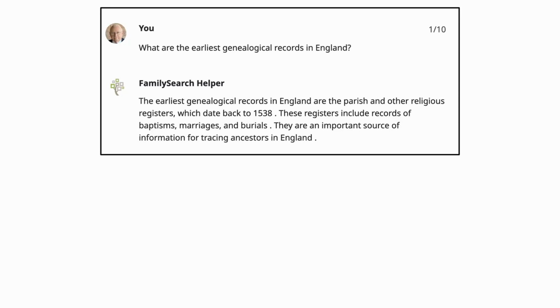For instance, if I wanted to know what the earliest genealogical records in England were, I would do a Google search. That may or may not tell me. If I tried to find that another way, I could look and see what are the earliest records that I can find for England on the FamilySearch.org website.